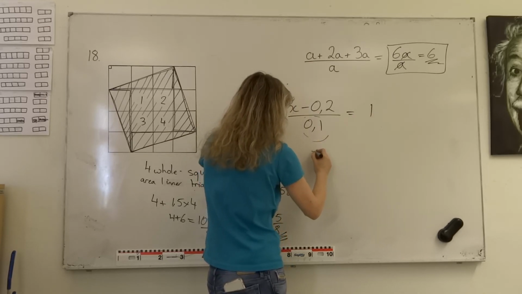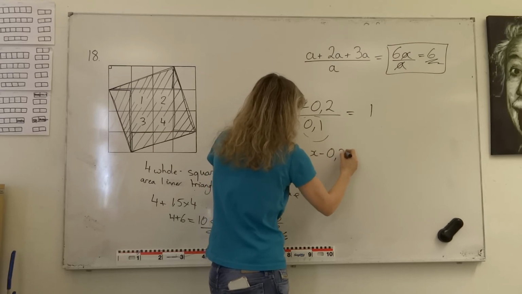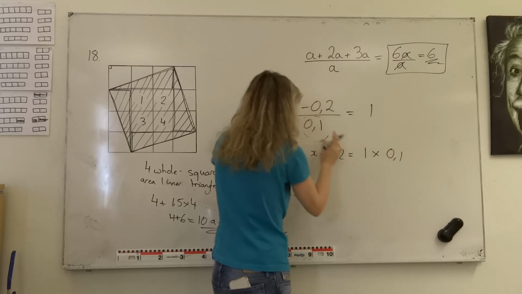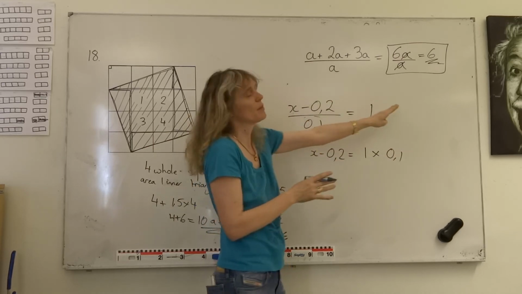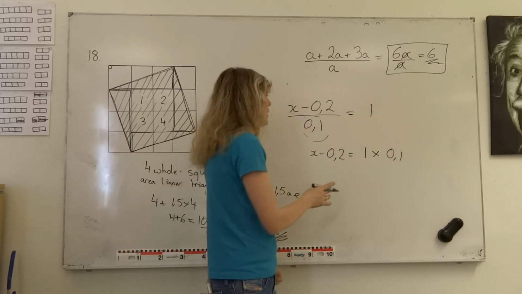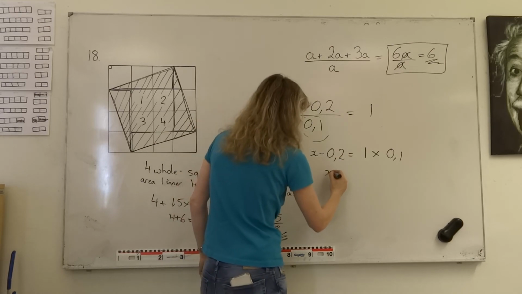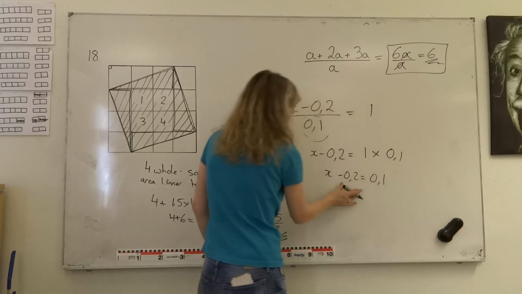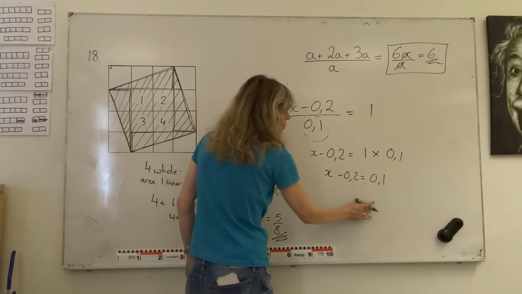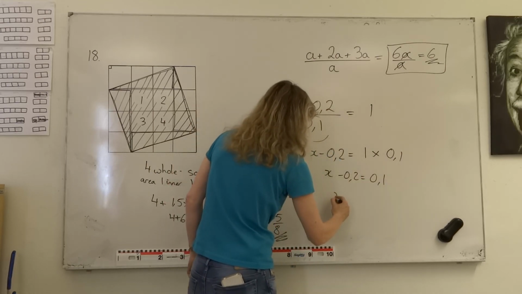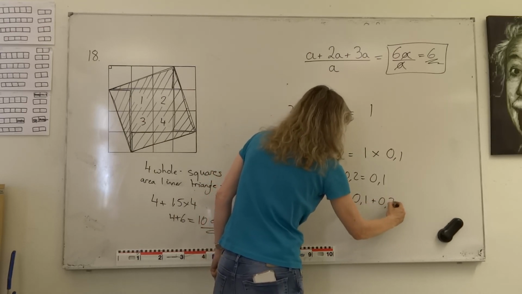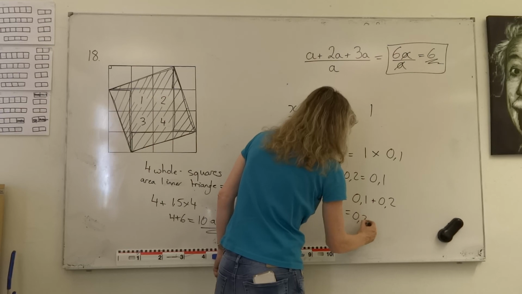So we can rearrange this to x minus 0.2 equals 1 times 0.1. The divide here becomes multiply on the other side. So we then get that x minus 0.2 equals 0.1. When we move the minus 0.2 to the other side of the equal sign, it becomes plus 0.2. So we get x equals 0.1 plus 0.2 equals 0.3.